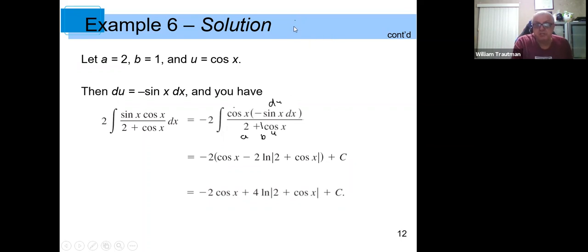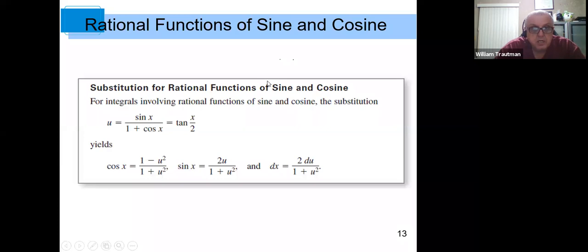All right. And last thing on this slide is other substitutions you can use for sine and cosine. This might not be bad to write down.